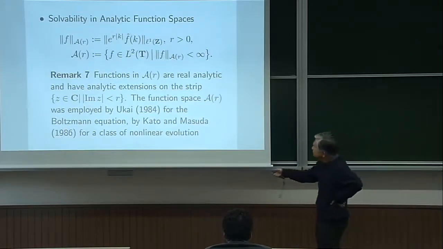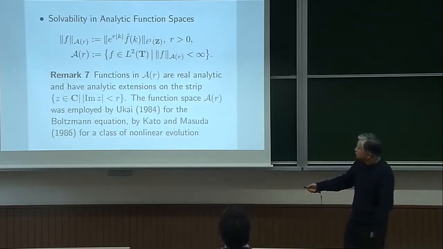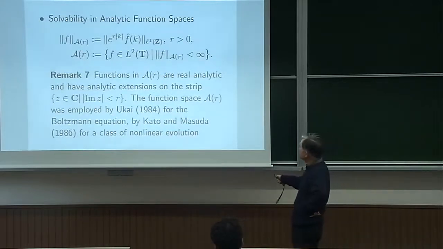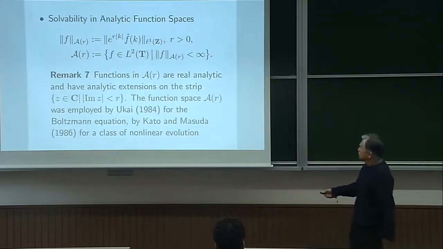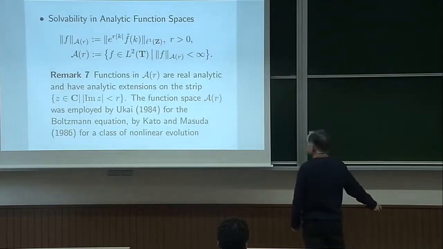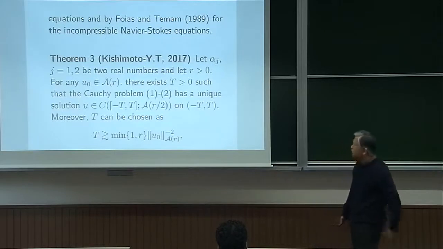So let me remark about this space. Functions in this space A are real analytic and have analytic extension on the strip imaginary part of z less than R. The function space A was already used by Ukai for the Boltzmann equation, by Kato and Masuda for a class of nonlinear evolution equations such as the nonlinear Schrödinger equation, and by Foias-Temam for the incompressible Navier-Stokes equation.